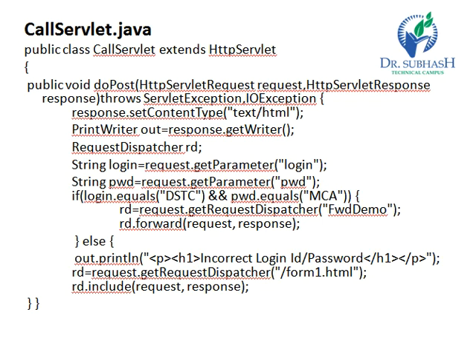In this class, we use the doPost method and add two parameters, an HttpServletRequest object and an HttpServletResponse object, which throws two exceptions, ServletException and IOException. Then we set the content type of the response as text/html. Then we create a PrintWriter object and fetch the output using the getWriter method of the response object. Then we create the request dispatcher object RD.